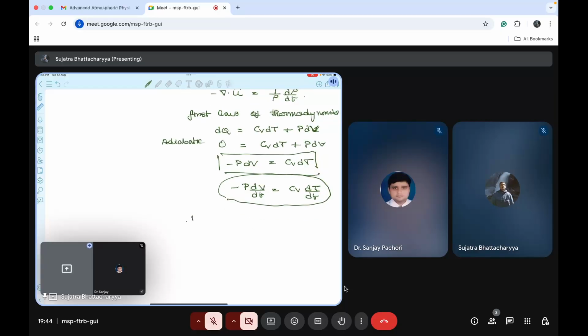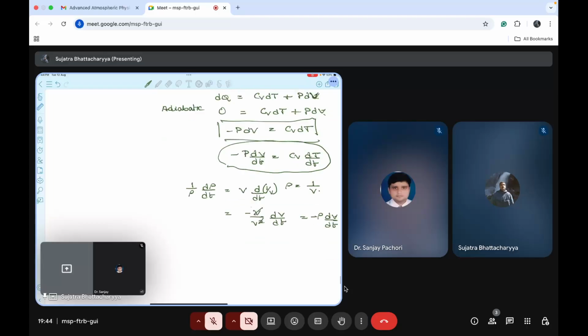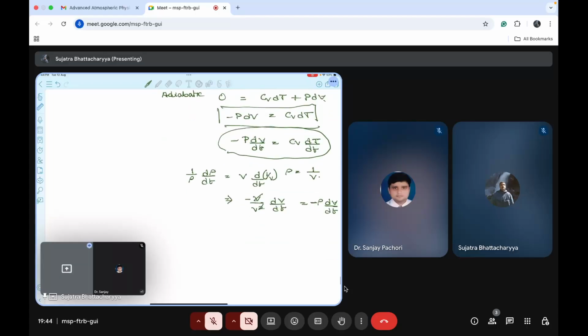Now, let's talk about 1 by rho d rho dt. Can I write rho is equal to 1 by v? Because this v is volume per unit mass. So this will be v, this will be dt of 1 by v. When you differentiate, you get minus v by v square dv by dt, which comes out to be minus 1 by rho, because v cancels, dv by dt. Okay, this is what you get.